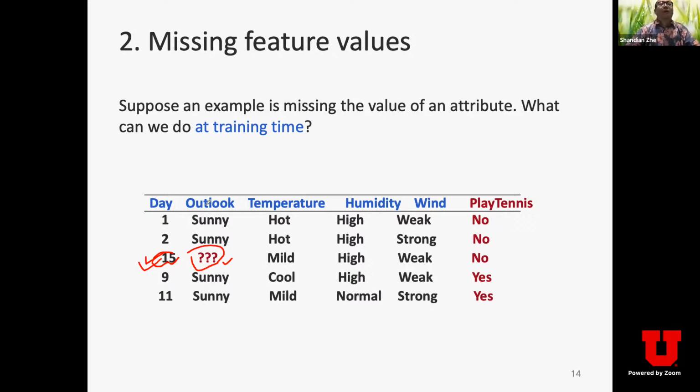Any other suggestions? So my understanding is that you're going to kick out this outlook feature from the data set, and then you create a decision tree.